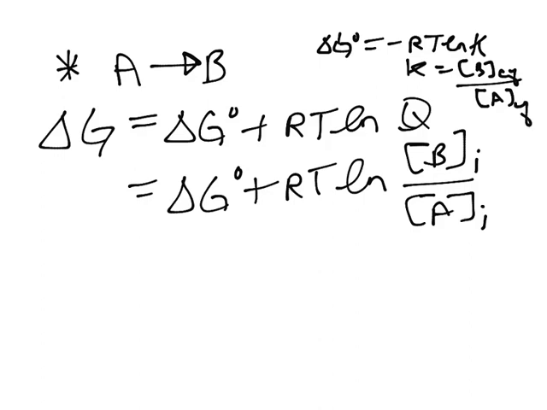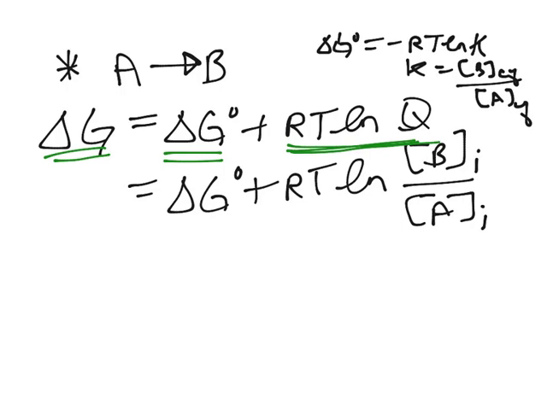So our second term here for our real delta G takes whatever the standard delta G is and tweaks it based on what the starting concentrations are. So in the calculation of delta G naught, we're assuming that those starting concentrations are 1 molar. So our second term here accounts for the fact that they're not. Okay, so this is for some chemical process.